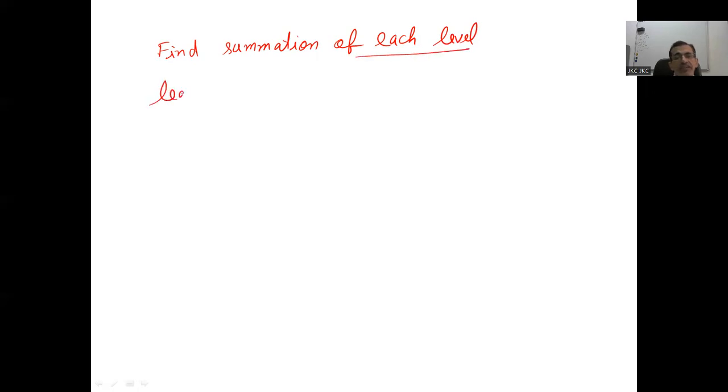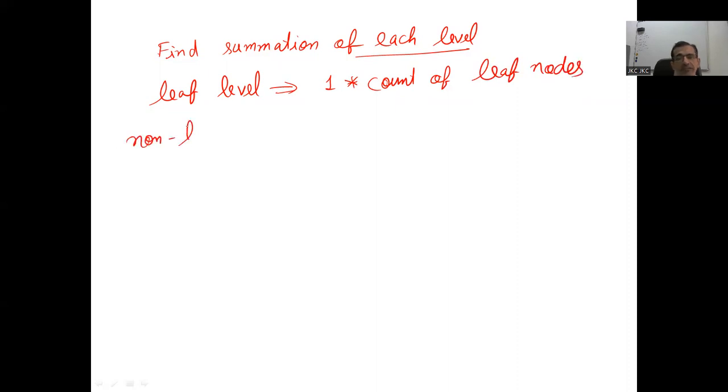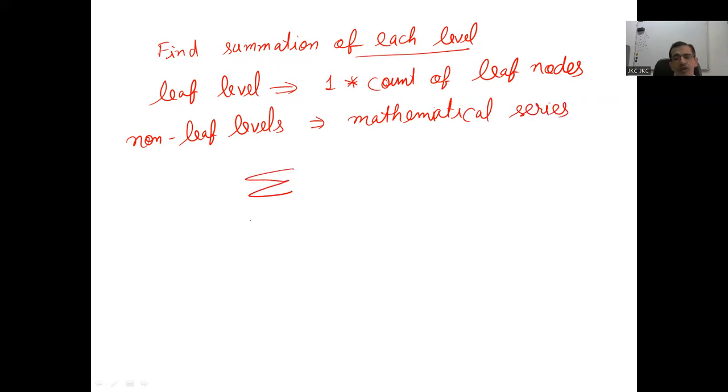So the leaf level is always 1 into the count of leaf nodes, and for non-leaf levels, you will always be able to find some mathematical series, and you will take the summation over i equal to 0 to the non-leaf level count. And this series term will be there.